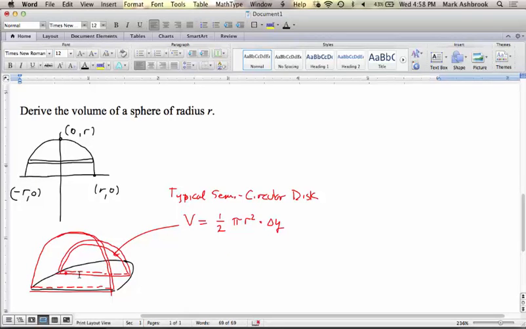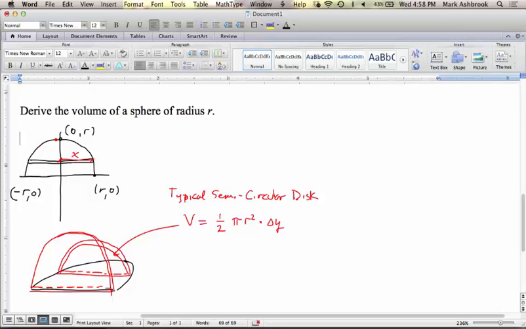Now I need the radius of this semicircular disk, which is going to be from here to here, which is the x coordinate or y coordinate? X coordinate. So I need that x coordinate in terms of y. How am I going to get that? Well, I need the equation of this curve right here.